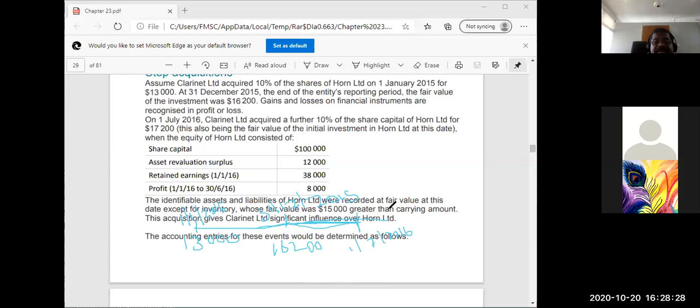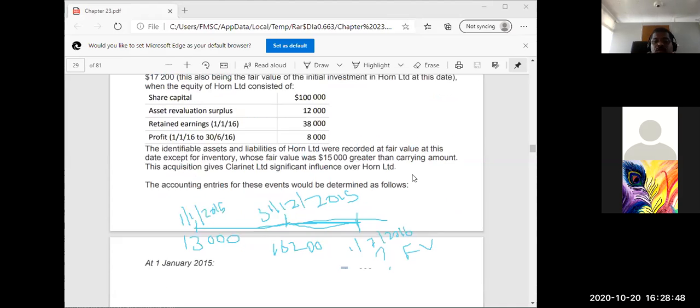What this particular standard says, if you consider this investment as financial assets, you have to bring the fair value as at this date. Fair value. That is the story. That's what I'm telling you. You bring the fair value.